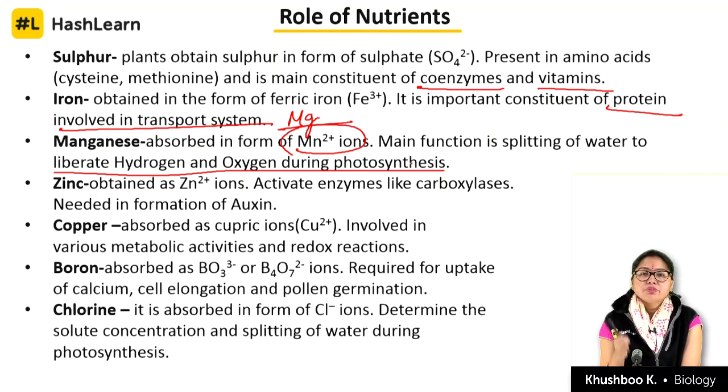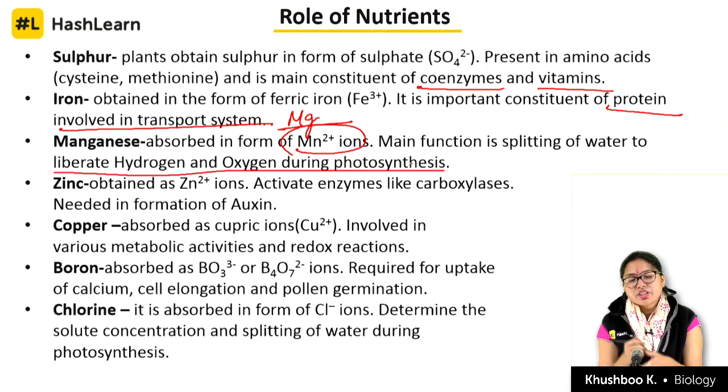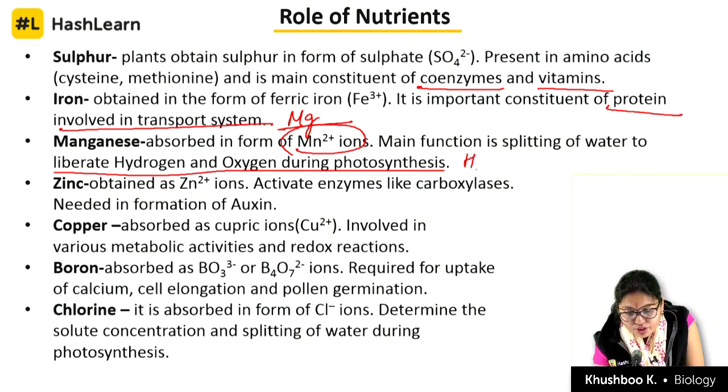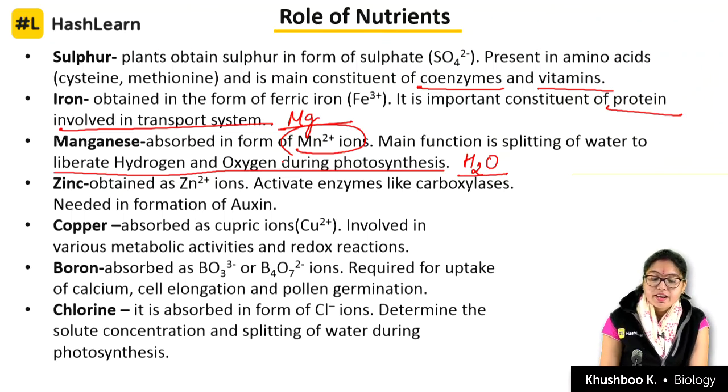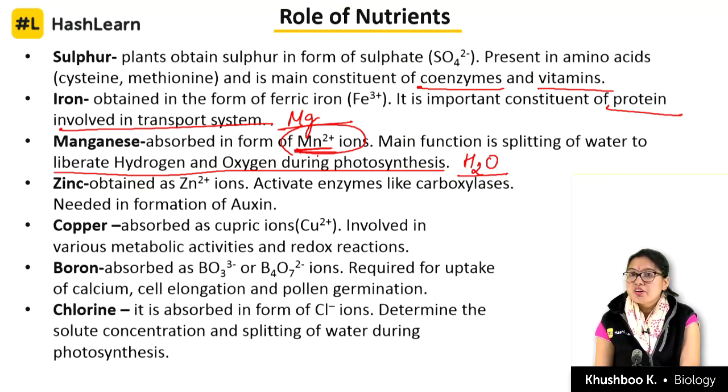So in photosynthesis we will see that the oxygen which is evolved during photosynthesis, okay, generally when we write the equation, it seems that the oxygen is coming from the carbon dioxide, but in reality this oxygen comes from the water molecule, and in breakdown of this water molecule manganese plays an important role. Okay, so that is why any deficiency of manganese will lead to the decrease in rate of photosynthesis.